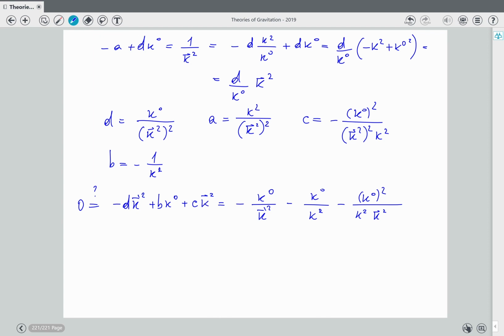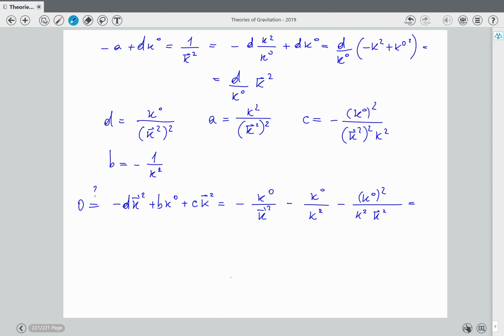So the first one has a minus d, then b has a minus and c has a minus. All of them have minuses. B times k0.